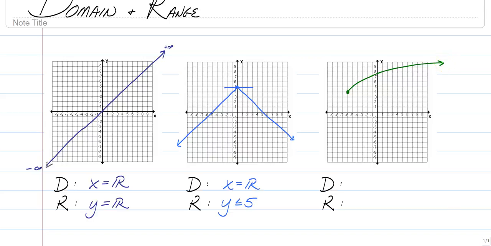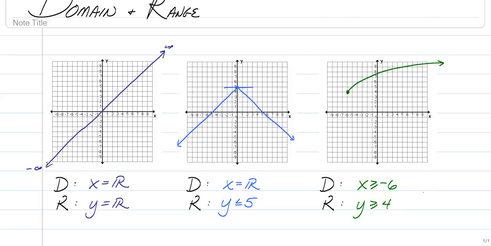So for our domain, we want to say x is greater than or equal to negative 6. But then our range we have to think of separately. So our range goes up forever, but it does not go down forever. It never gets below level 4 for our up and down, or our y value. So y has to be greater than or equal to 4.